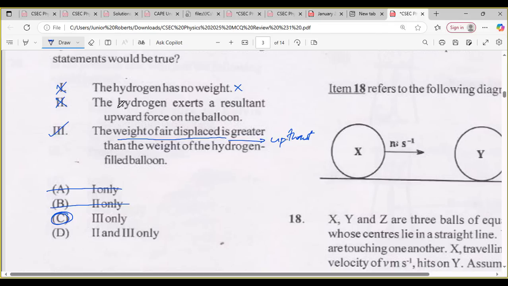If we place the balloon in a vacuum, the balloon will not accelerate upward. The reason why the balloon accelerates upward is due to the upthrust that it experiences from the surrounding air. So that is why we would consider this option to be false. Alright? Okay, sir, thank you.